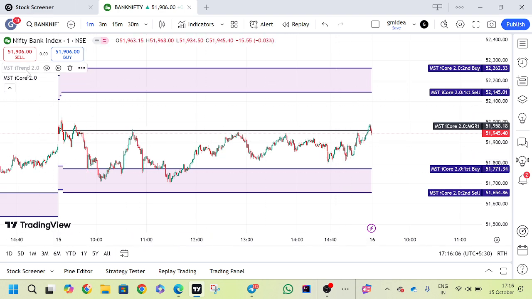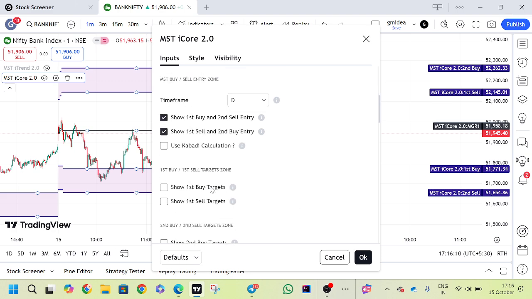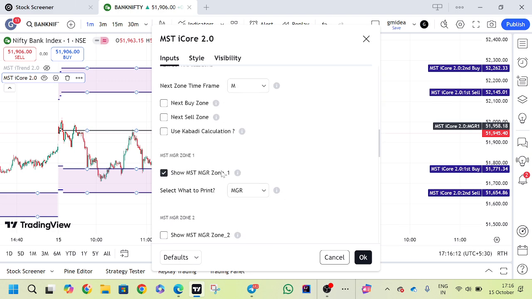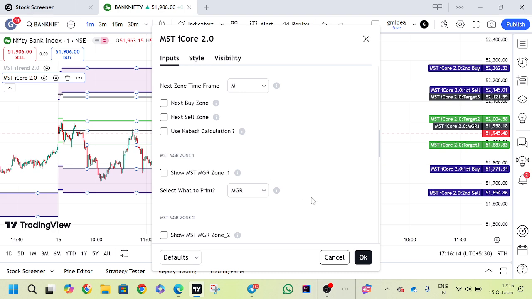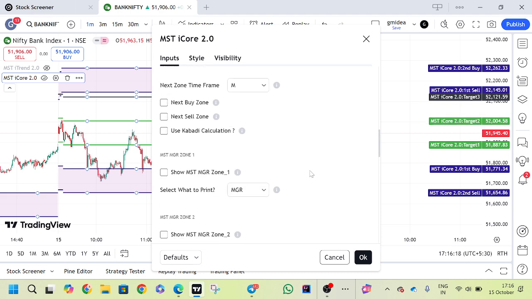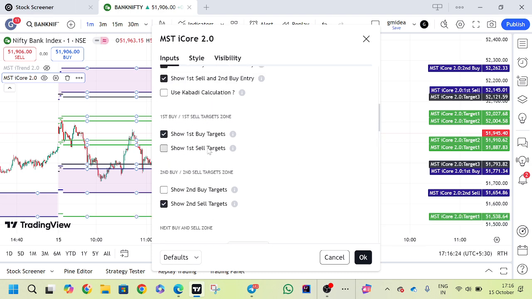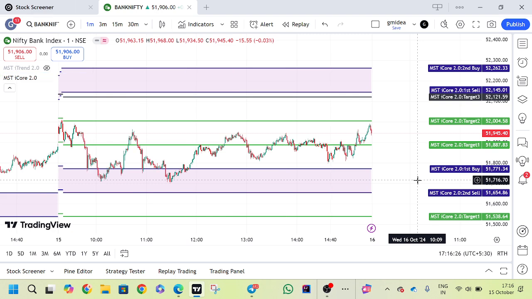Exactly, buy only triggered. Go to the settings and enable buy targets. And you can remove the MGR point. Since buy activated, there is no sell. If a sell hits, we have to go for the reversal entry upon confirmation. That's all our setting.